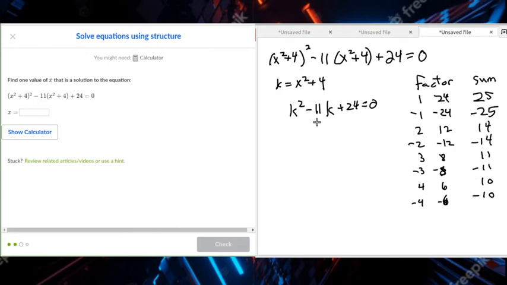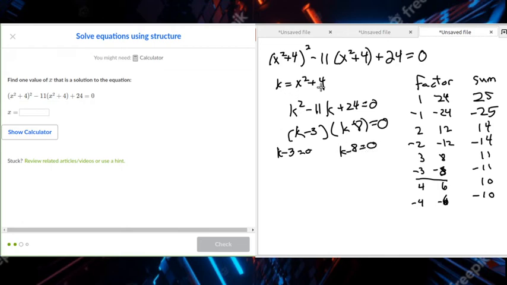So what are we looking for here? We're looking for negative 11. That's right here. So these are the ones we want. So we've got k minus 3. Remember, it's not x. Times k minus 8 equal to 0. And we're going to split that up into k minus 3 is equal to 0, or k minus 8 is equal to 0.